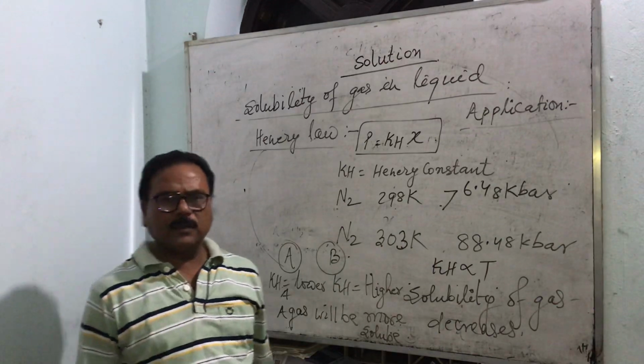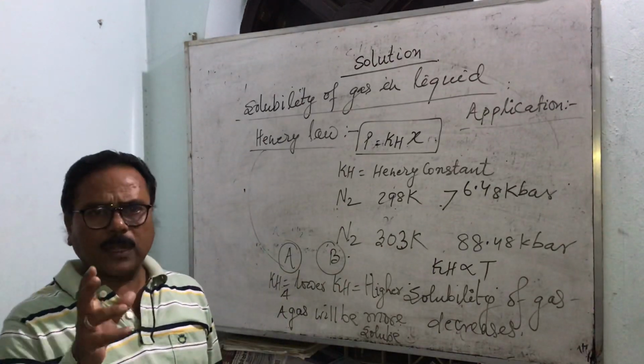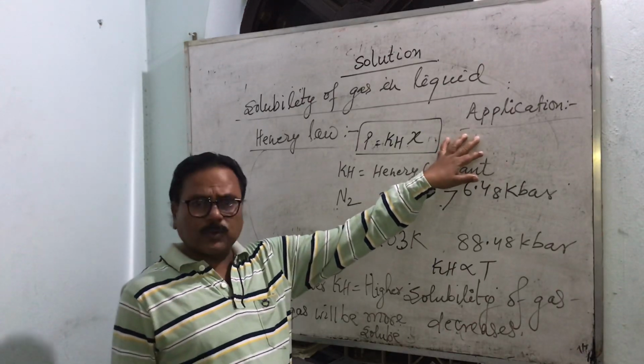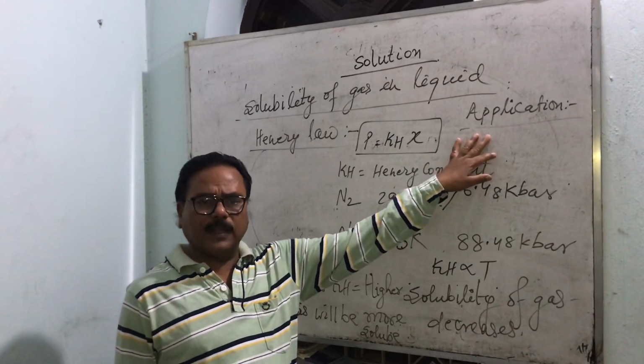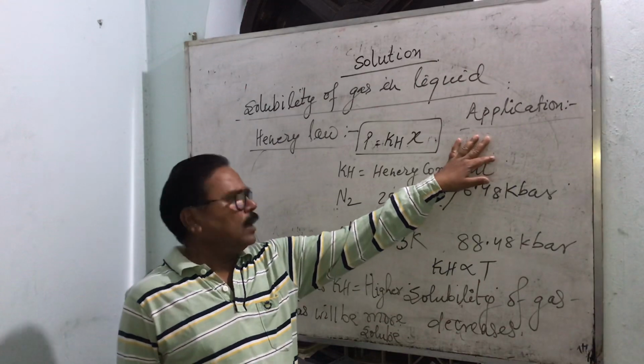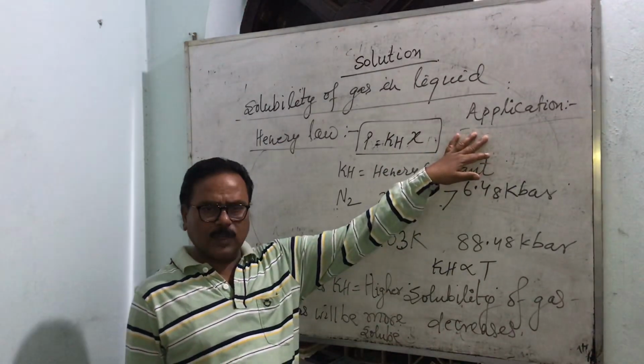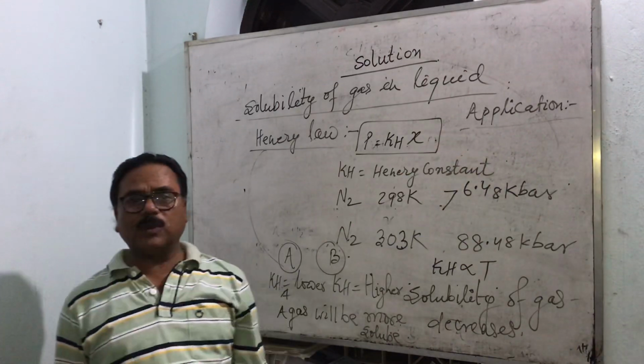The second application is the scuba diver. In order to carry the oxygen cylinder or air cylinder, this cylinder is diluted with some amount of helium. Why is it diluted with helium?